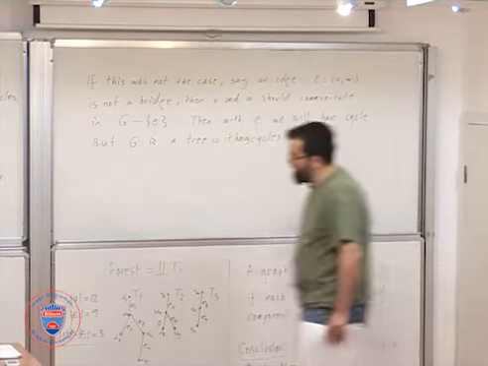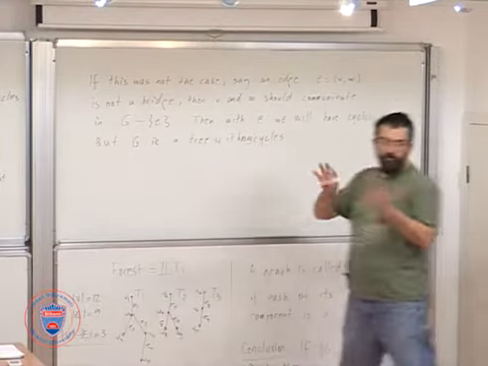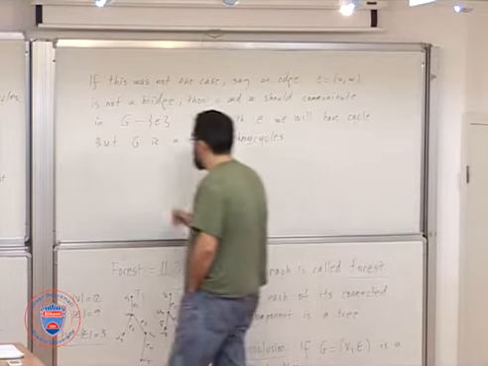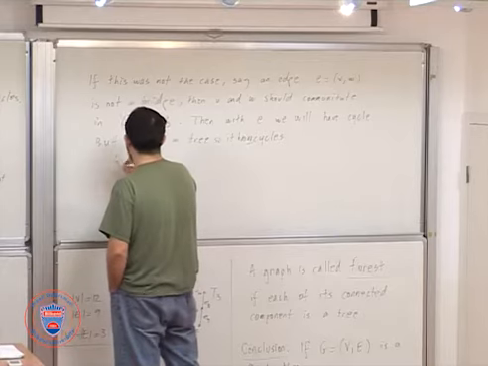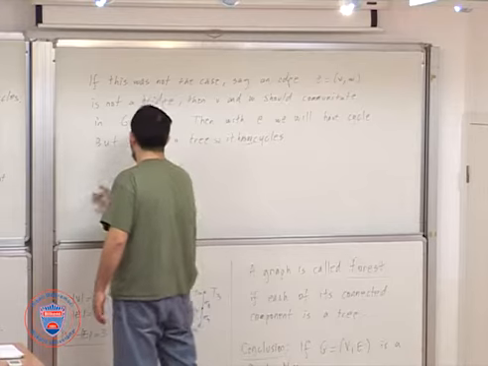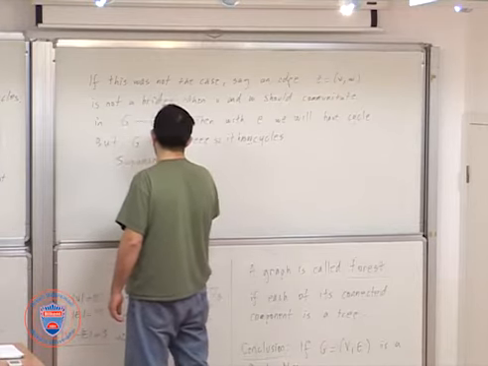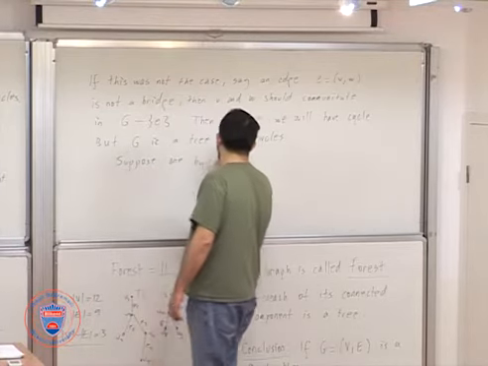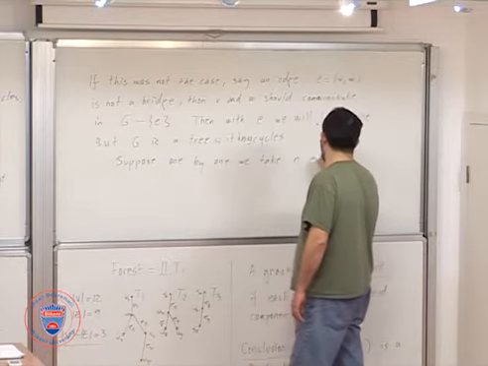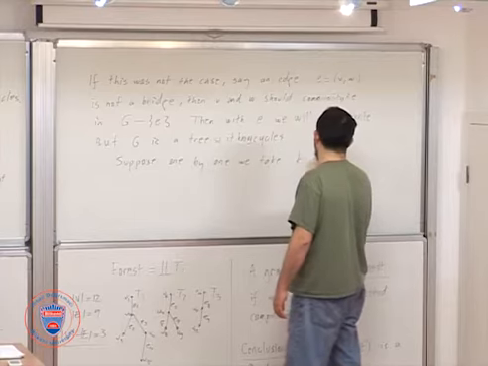So what have we just learned? On a tree, if you take an edge out, you get two components. Okay? Repeating this process inductively, suppose one by one we take k edges.